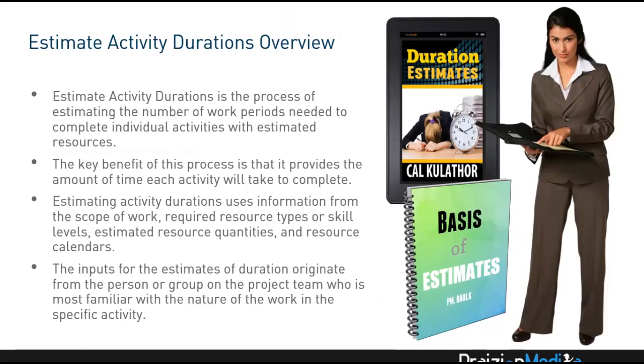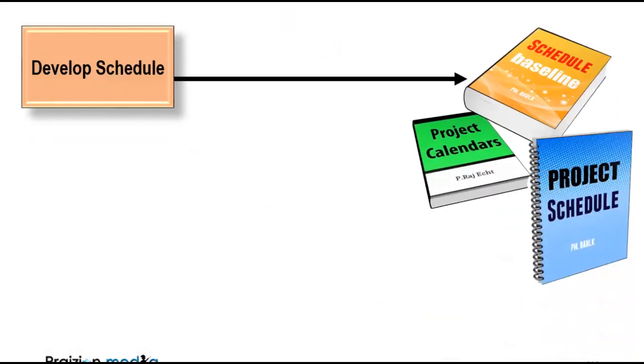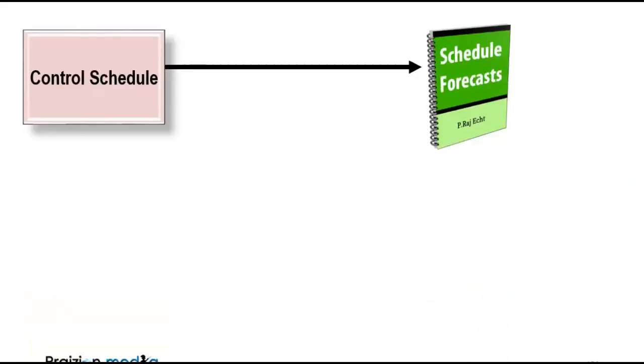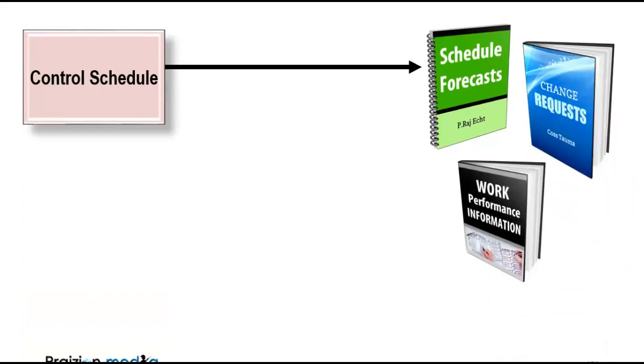And when it comes to the schedule, understanding that when we put all of these things together, we're going to get a schedule baseline, project schedule, project calendars, and schedule data. As far as closing, there's nothing in closing. This is monitoring and controlling. As far as controlling is concerned, well, you're going to get schedule forecasts, but you also get the usual change requests and work performance information.